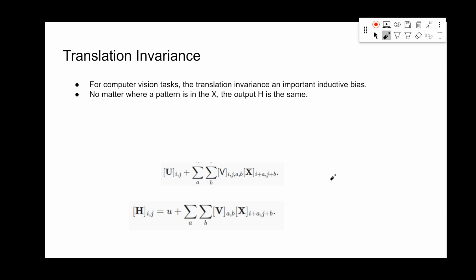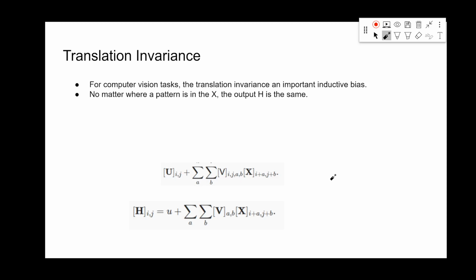It will not become a cat just because it's in the bottom half of the image. So we believe that translation invariance is very important for computer vision tasks.